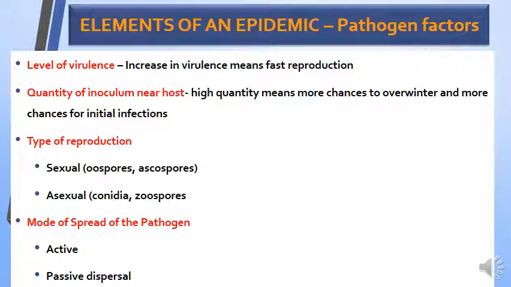Another important group of pathogens, virus particles, are carried by airborne vectors from infected plants to healthy ones, and this viral disease, as a polycyclic disease, can spread to a large number of plants in a short time and cause an epidemic.